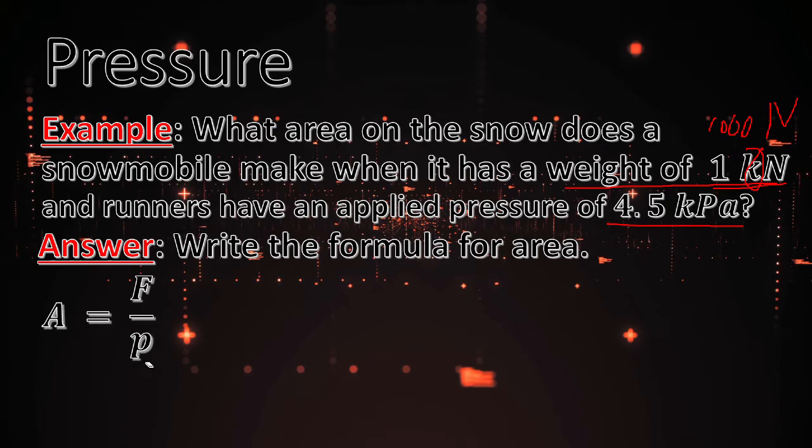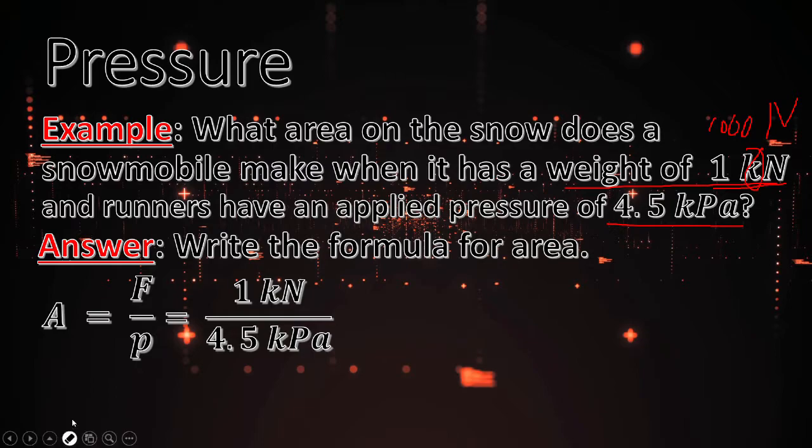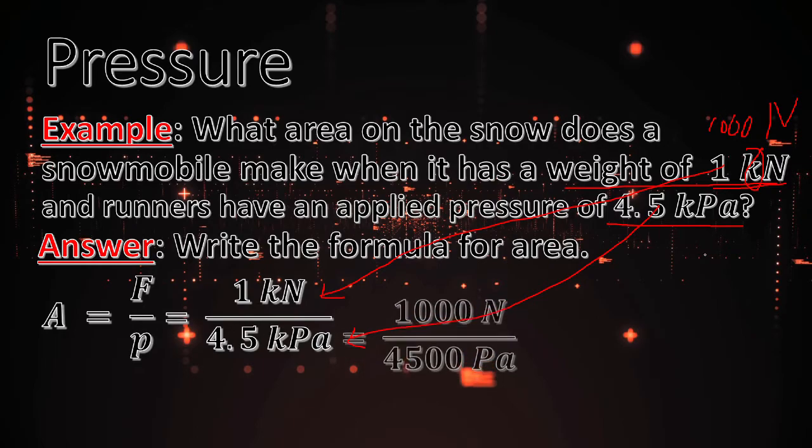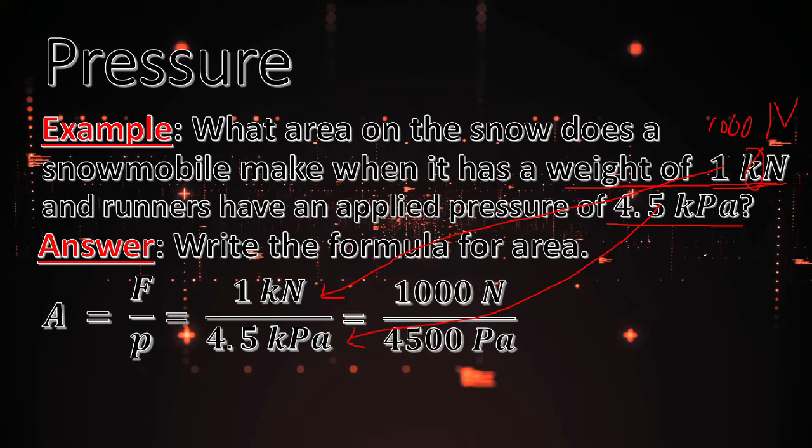Then we write our formula. Area equals force divided by pressure. Then substitute our value. We have 1 kilonewton for our weight, or it's just a force, and then pressure, which is 4,500 or 4.5 kilopascal.